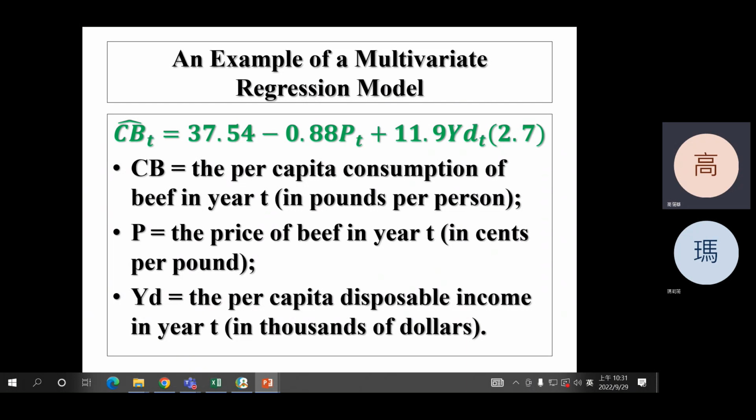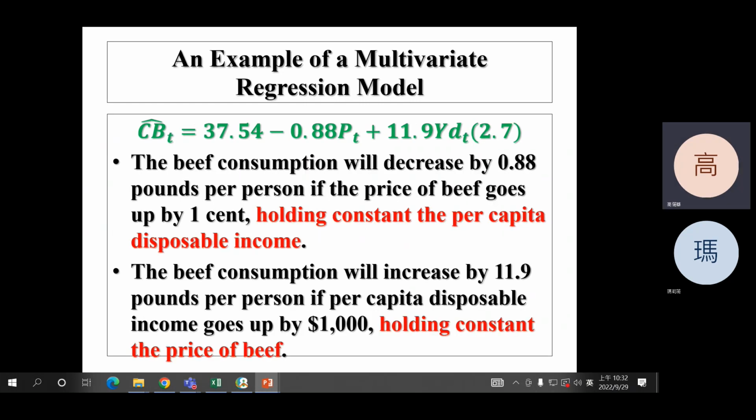Okay, so how do we explain negative 0.88 in multivariate regression, in multiple regression? And how do you explain 11.9 for the relationship between YD and the consumption of the beef? Okay, let's learn how to explain it. Okay, so see this one carefully.